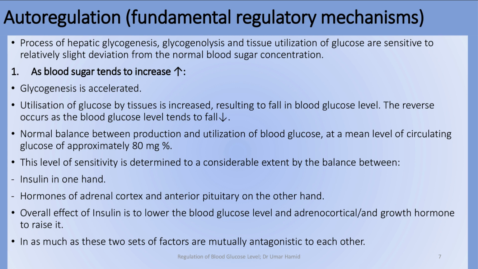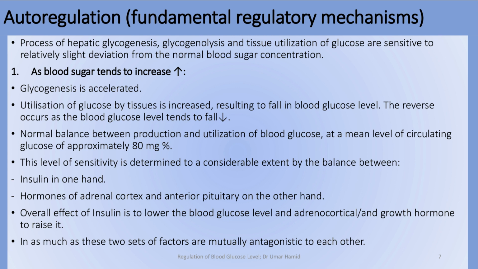Autoregulation, fundamental regulatory mechanisms. Process of hepatic glycogenesis, glycogenolysis, and tissue utilization of glucose are sensitive to relatively slight deviation from the normal blood sugar concentration. As blood sugar tends to increase, glycogenesis is accelerated.